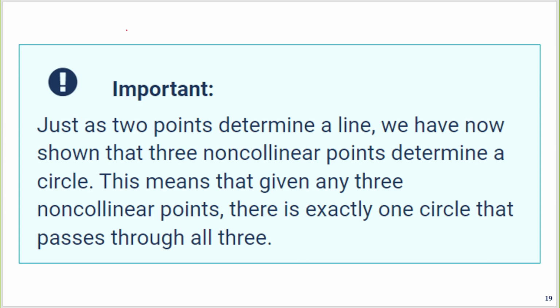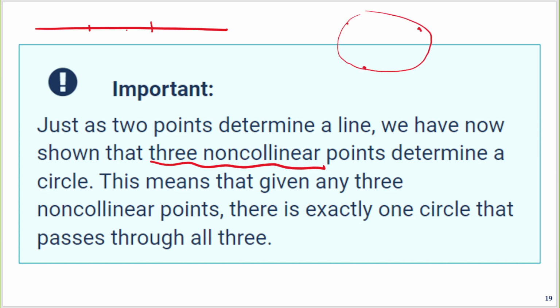Just as 2 points determine a line, we have now shown that 3 non-collinear points determine a circle. So if you have 3 non-collinear points, you can draw a unique circle that passes through these 3 points. This means that given any 3 non-collinear points, there is exactly one circle that passes through all 3.